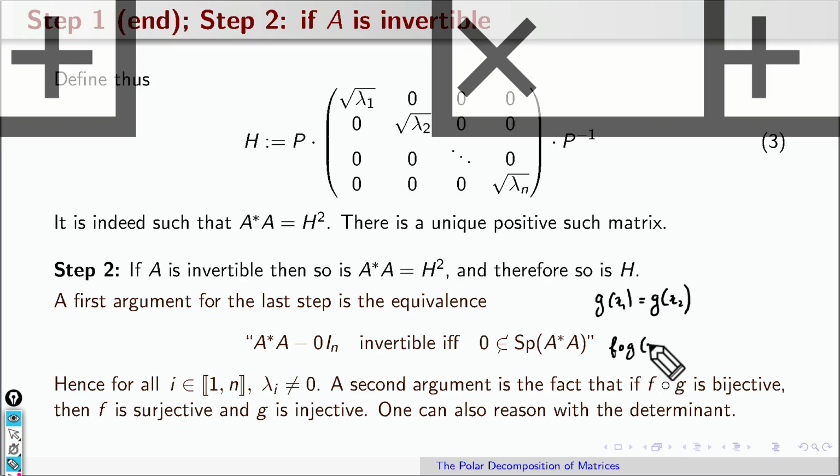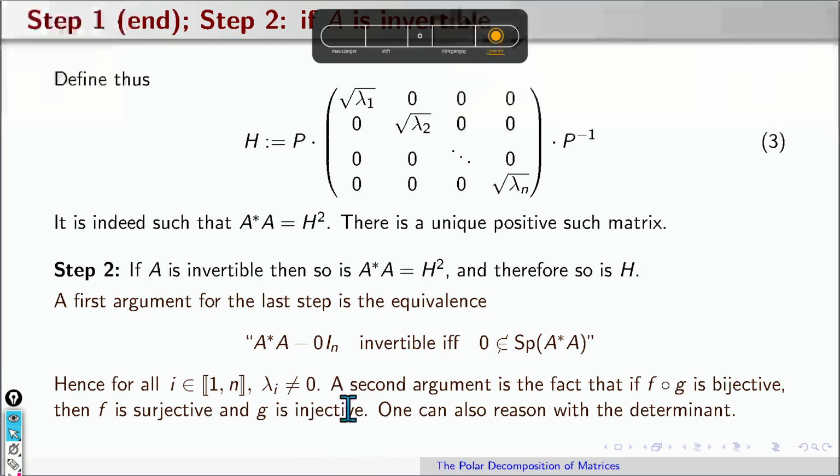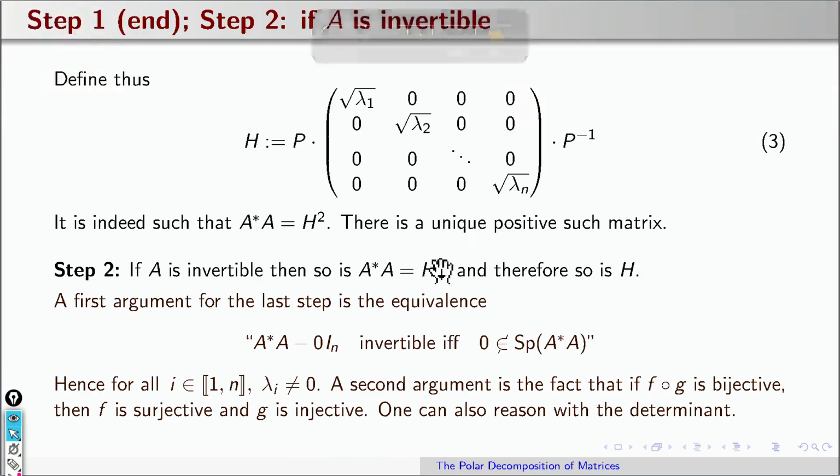So f of g of x1 will be equal to f of g of x2, and because f composed with g is bijective, it is in particular injective, so we have x1 equal x2. So we have that g is injective. We use this for H composed with H. I here identify matrix and application. So if H square is bijective, then H itself is bijective.